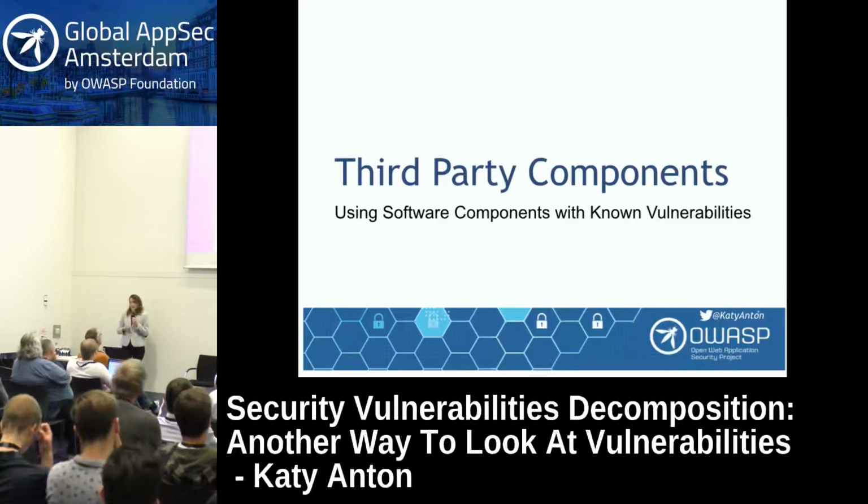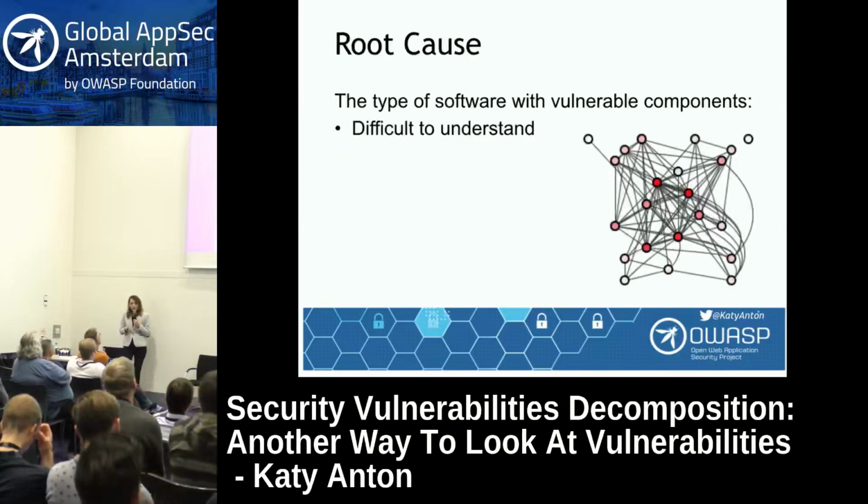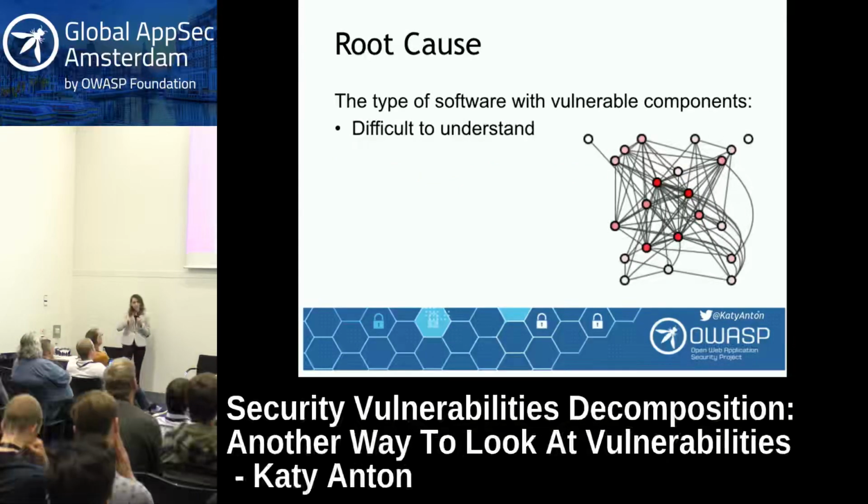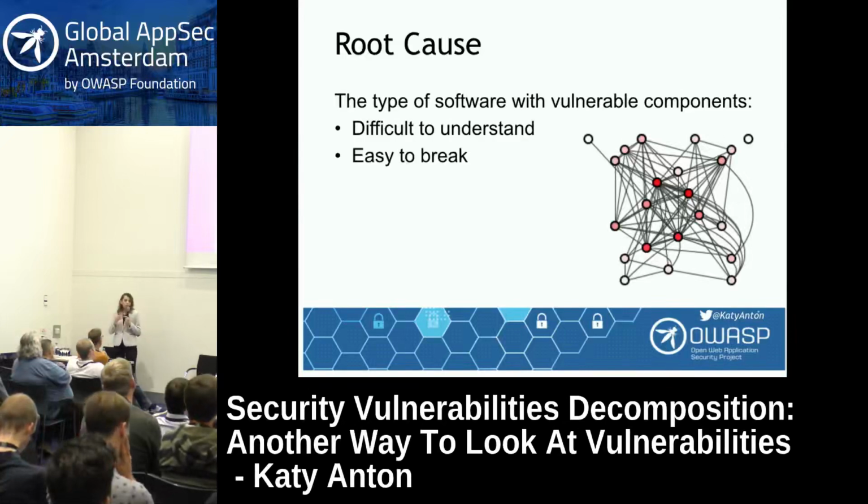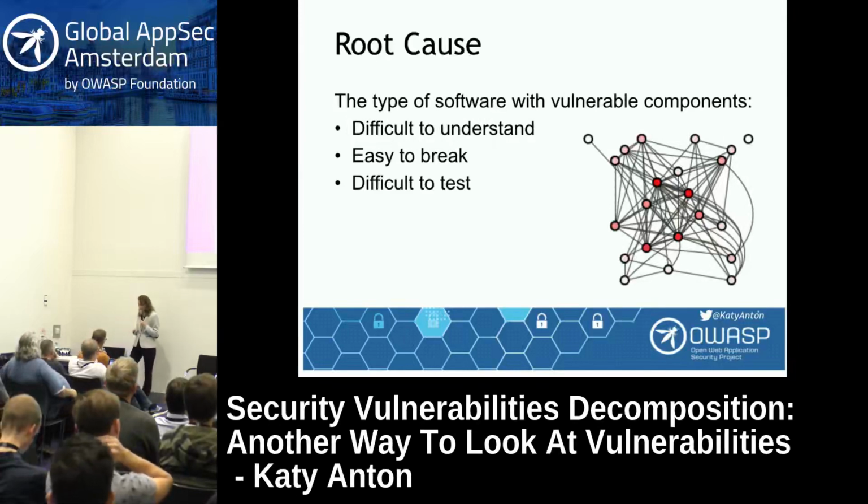The type of software that has these problems is the type of software that no developer wants to touch, because he's afraid that if he touches one part, something will break. So it's easy to break. You might make one change in one bit, but you don't know where it will break. It's difficult to test.